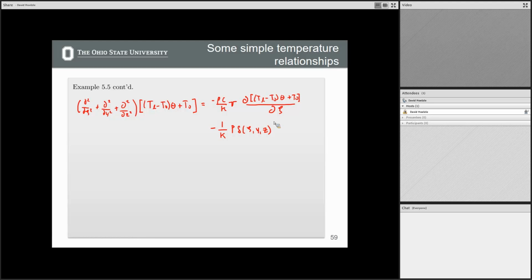I'll show you where I made a mistake on the non-dimensionalization in Module 4 and what the correction is. But then we'll get back to this on Tuesday.